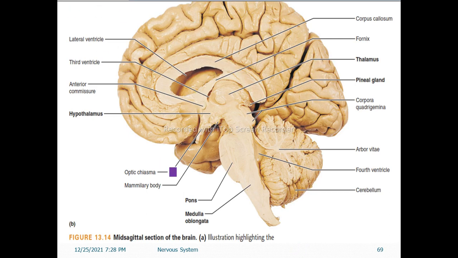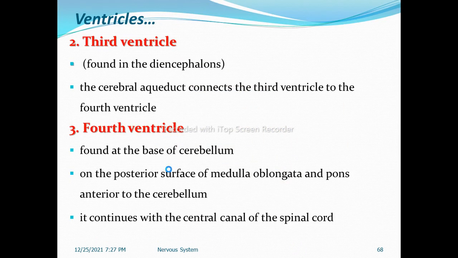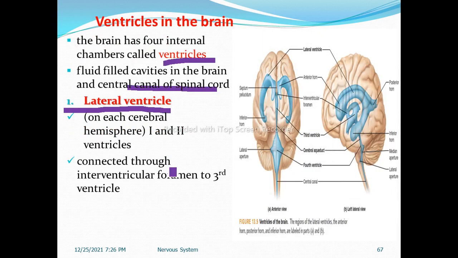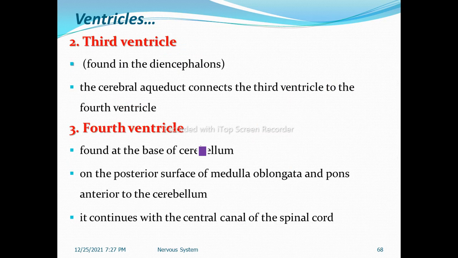So this is the pathway: produced from the choroid plexus of the lateral ventricle, moving through the interventricular foramen to the third ventricle, then from the third ventricle through the cerebral aqueduct to the fourth ventricle, then some goes into the spinal cord, and some moves to the surface through the meninges.